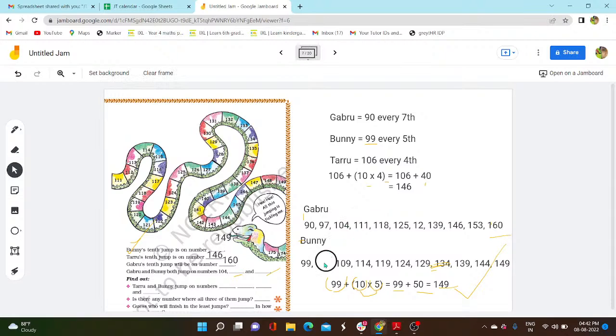Okay, we can't circle it like this, otherwise our number will be lost. So we can circle it this way. 104. Then what number do we have in common? We have 139.